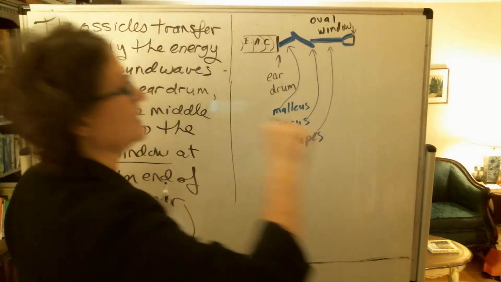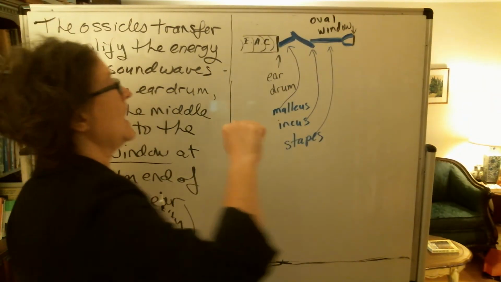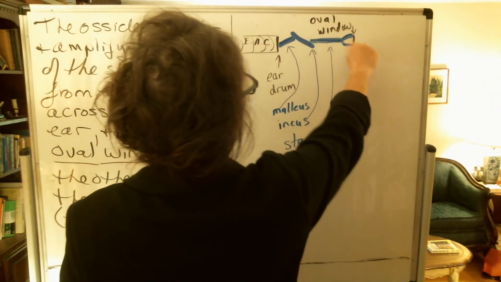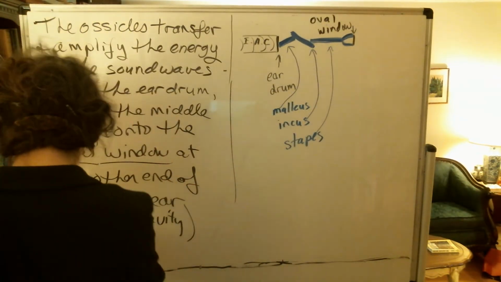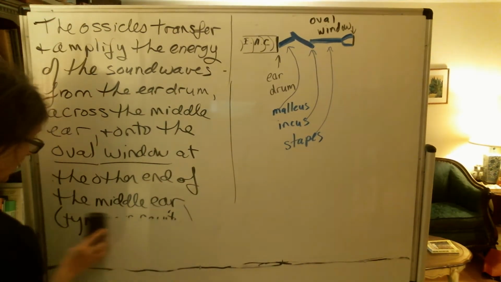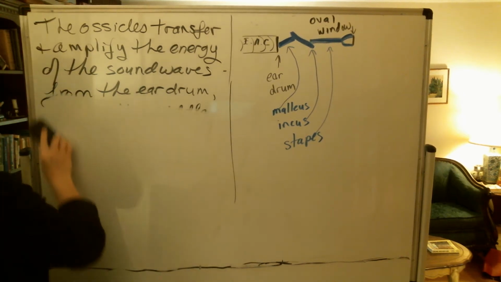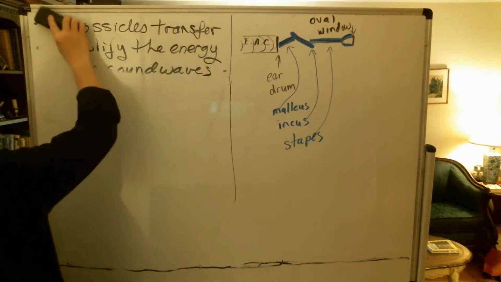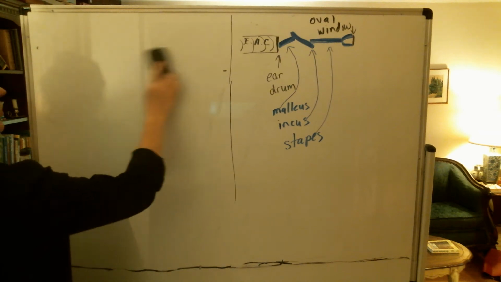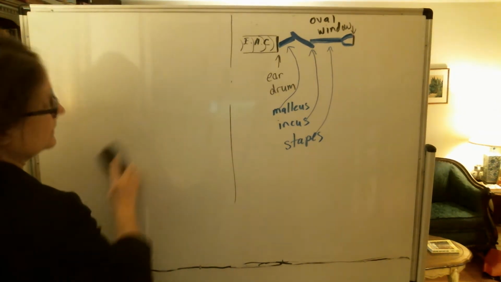The ossicles then vibrate more, and they transfer all of those vibrations onto the oval window there, which is basically a tiny hole. And we are now deep within your skull.